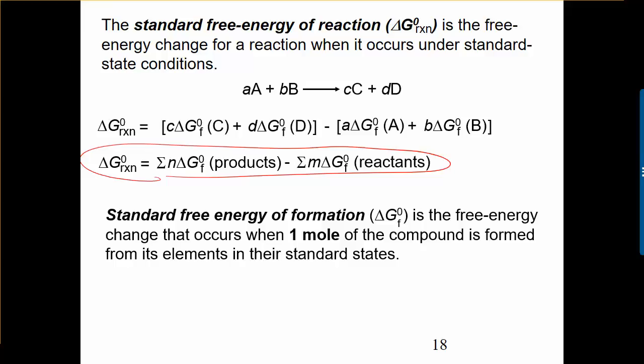So the delta G of formation is the energy change when you're considering both delta H, which is energy, and delta S, which has energy associated with it also. Okay? So when I consider those two energy equations combined, I can calculate the free energy from those two things combined.